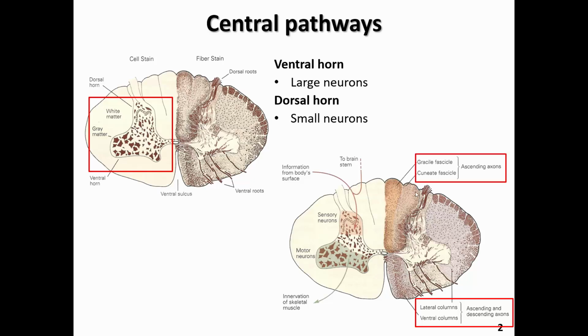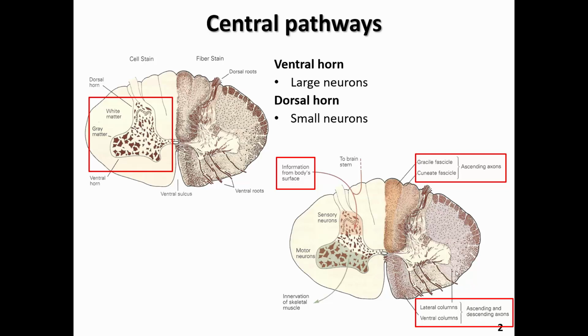The areas on the dorsal side of the spinal cord in the white matter contain ascending axons only. So these are axons that are transmitting information upwards in the direction of the brainstem. The lateral and ventral regions of the white matter, also referred to as columns, contain both ascending and descending axons.